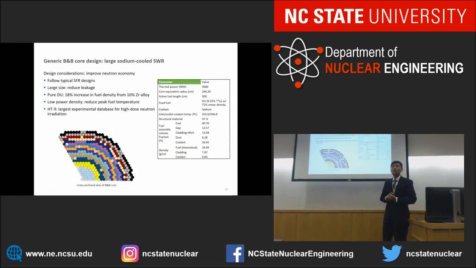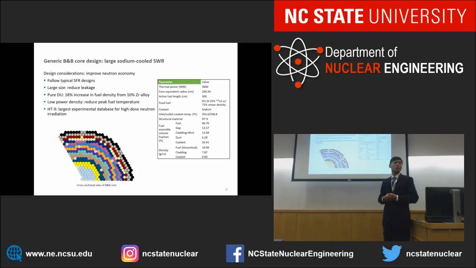So if we are going to design a breed-and-burn type of reactor based on just a very normal sodium-cooled fast reactor design, like this, you've perhaps seen this type of figure many times, a hexagonal fuel assembly design. Our goal is really to improve neutron economy. The reason being, neutrons are so precious because we're going to use them to transmute the fuel.